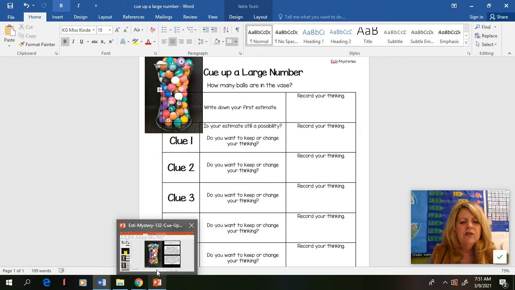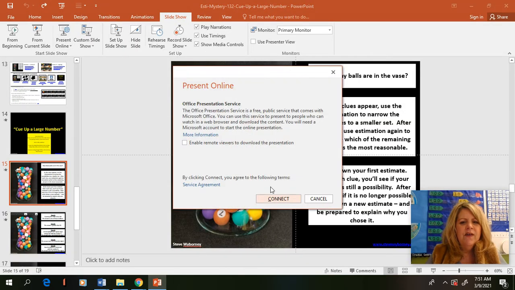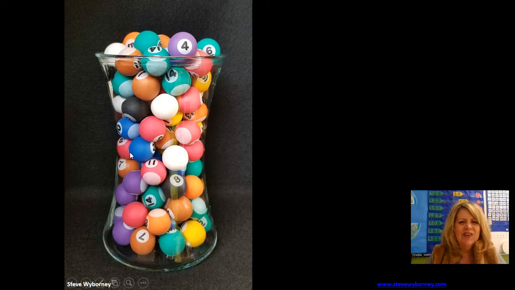I'm going to go back to our vase so that you can take another look as you're thinking about your first estimate. You got some beginning thinking? All right, go ahead and record it.